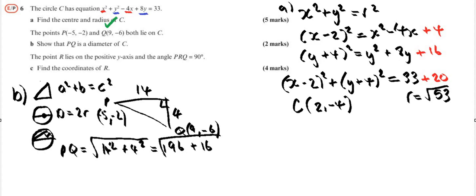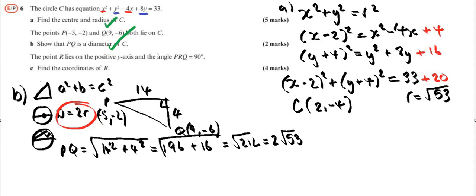And I take the square root of 212. And I get 2 times the square root of 53. And we know that the diameter is 2 times the radius, which we found when we wrote the equation of the circle. So that's that.